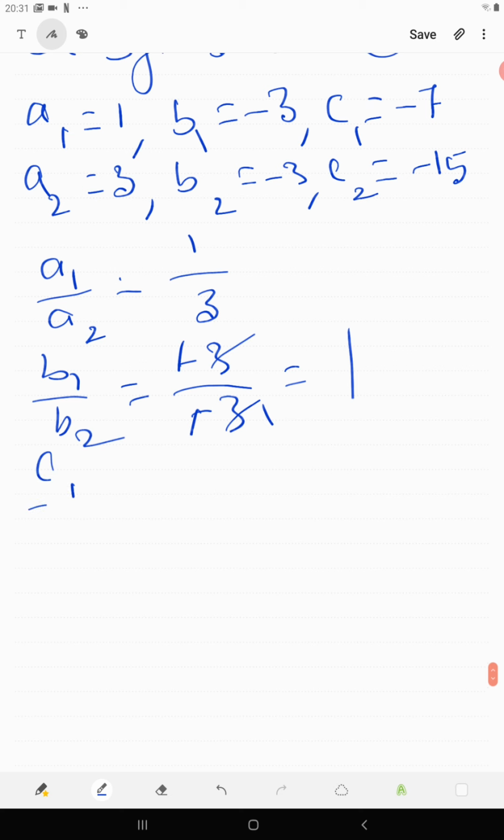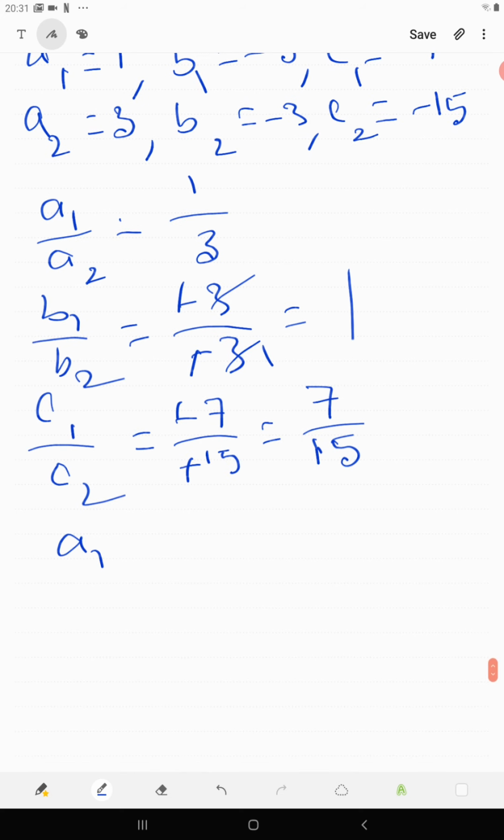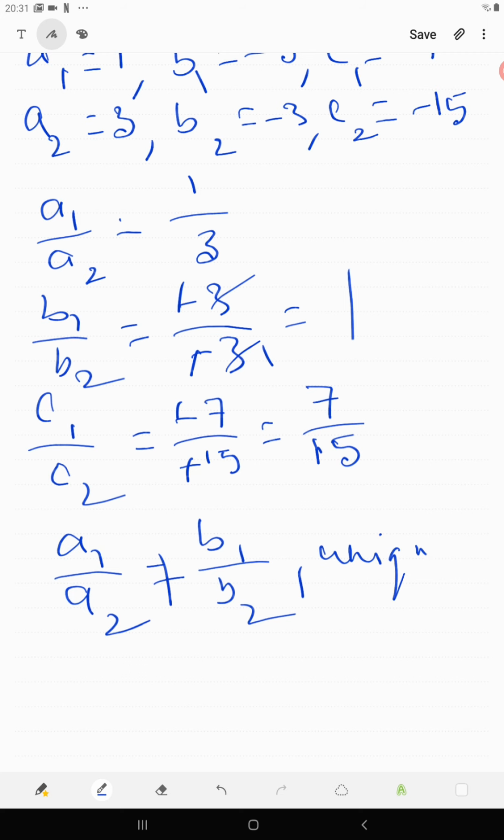Now c1 by c2 equals minus 7 by minus 15. Minus minus cancel out, so we get 7 by 15. So what we are getting here is a1 by a2 is not equal to b1 by b2. Correct? So we will have a unique solution in this case.